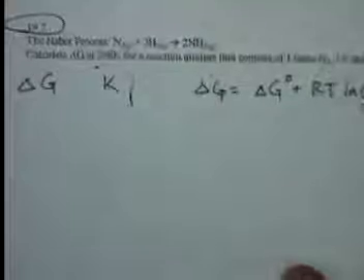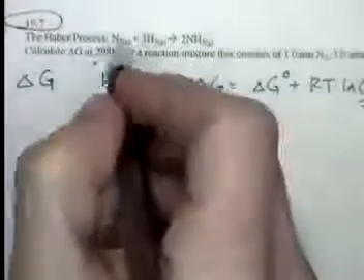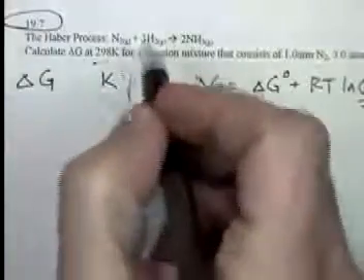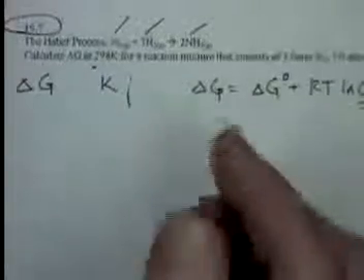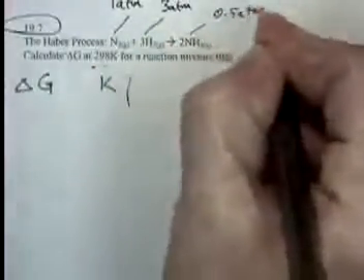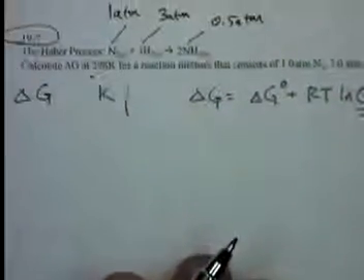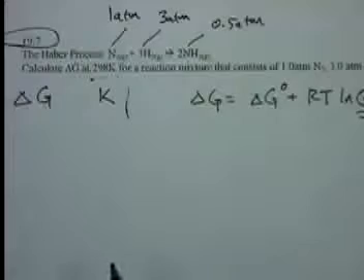Now, we did something like this back in chapter 15 when we studied Le Chatelier's principle. At standard conditions, all of these things would be at 1 atmosphere of pressure. But now we're at non-standard conditions, where this is 1 atmosphere, this is increased to 3 atmospheres, and this is decreased to 0.5 atmospheres. We just qualitatively took a look at this equation according to Le Chatelier's principle.